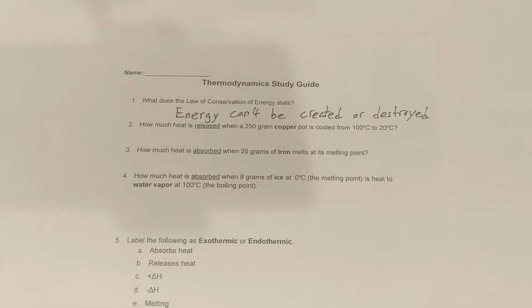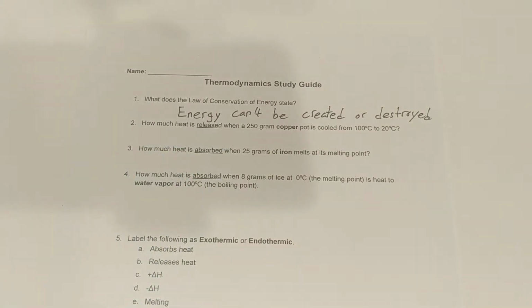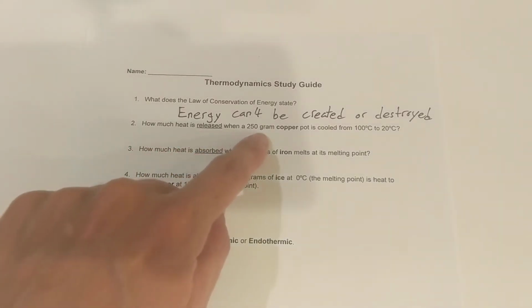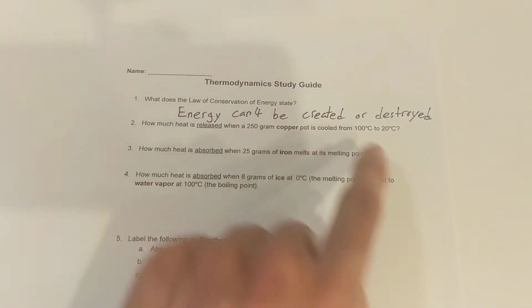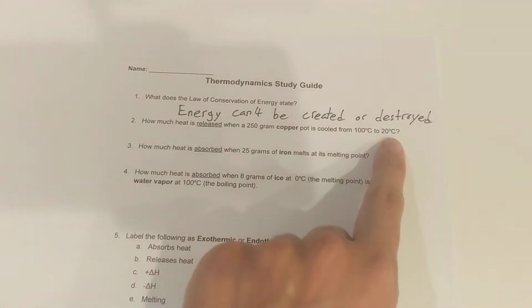So looking at question number 2. It says how much heat is released when a 250 gram copper pot is cooled from 100 degrees Celsius to 20 degrees Celsius.